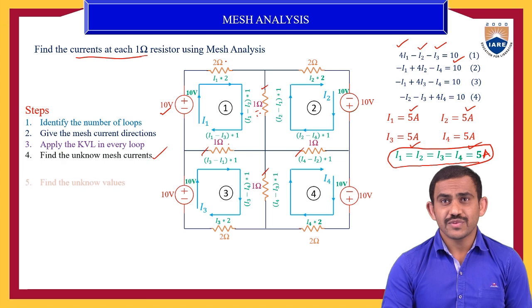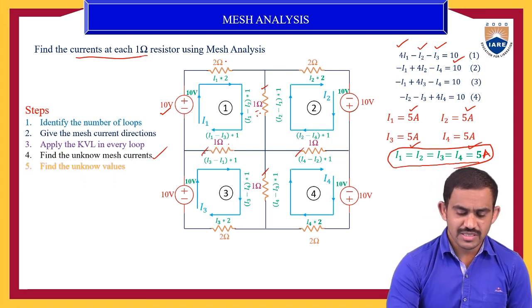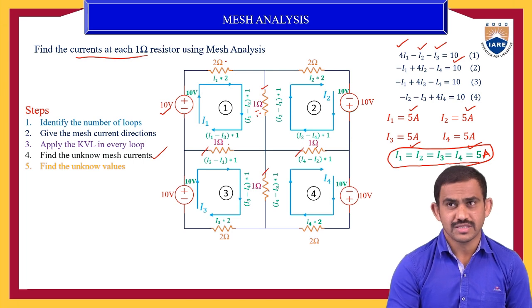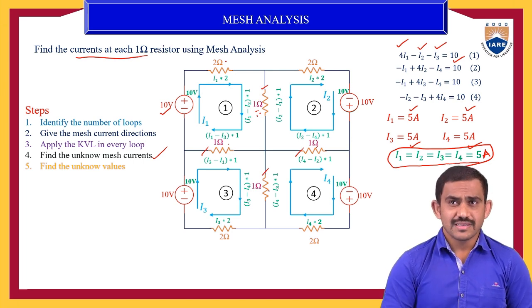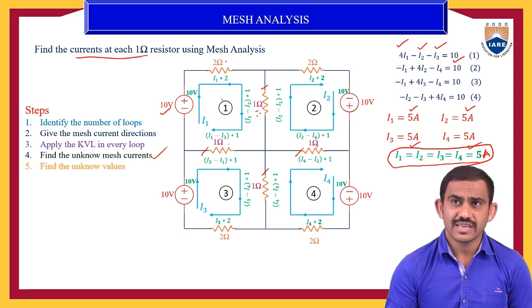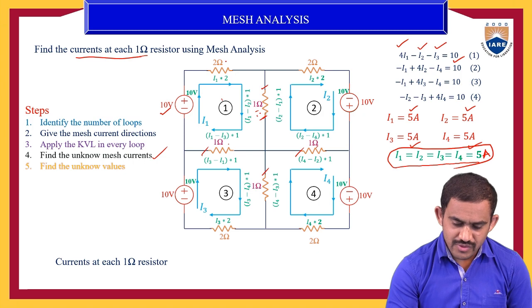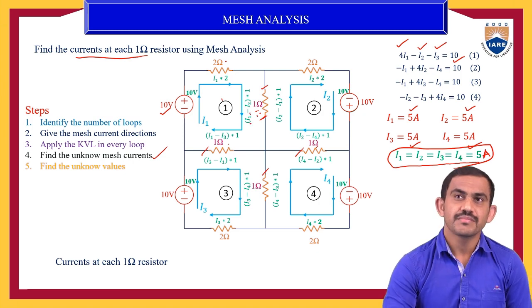Now the fifth step is we need to find out the 1 ohm resistor current. Here for every 1 ohm resistor I need to find out the current. For this, if you are following loop 1 current, then your 1 ohm current is I1 minus I2.